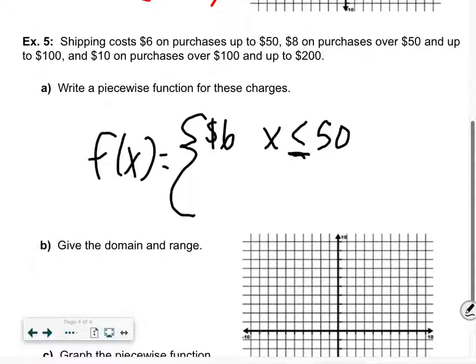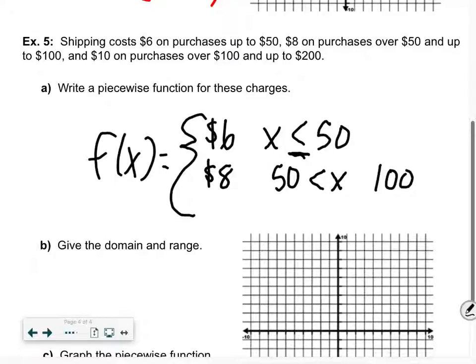The next step is costing us $8, and that's over 50 and up to 100. So I have 50 and 100. What kind of sign is this going to be? Greater than. Is it equal to?